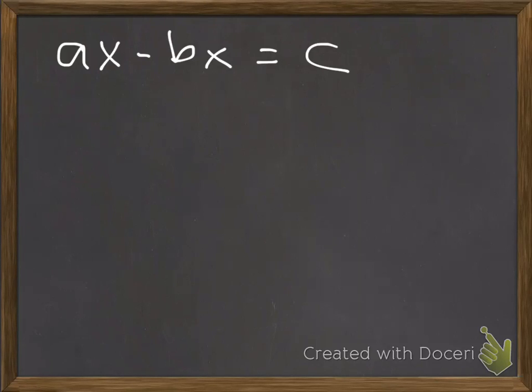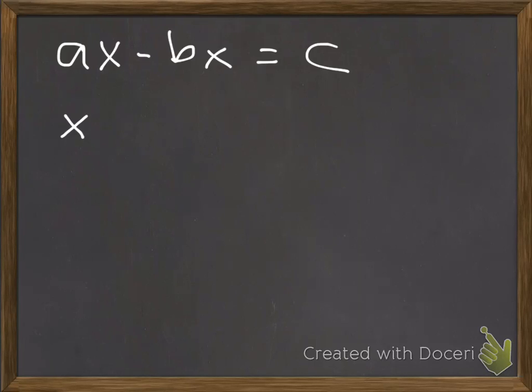Okay? So we have to isolate x. We've got to get x by itself. Now, how do we do that when we have ax and bx? What can we pull out of both terms? What do they have in common? X. Okay, so let's yank our x out and stick it right there.